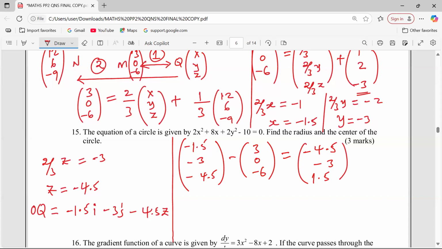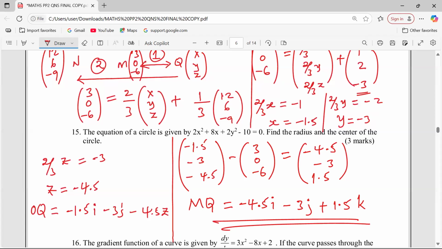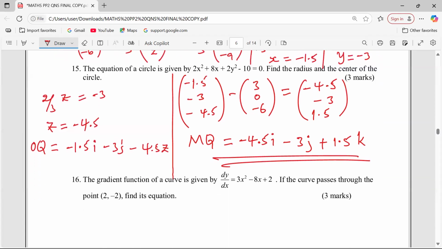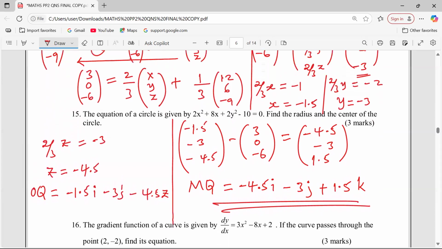Therefore, when we are talking about vector MQ, it shall be negative 4.5i minus 3j plus 1.5k. That is the vector the examiner wanted students to solve.